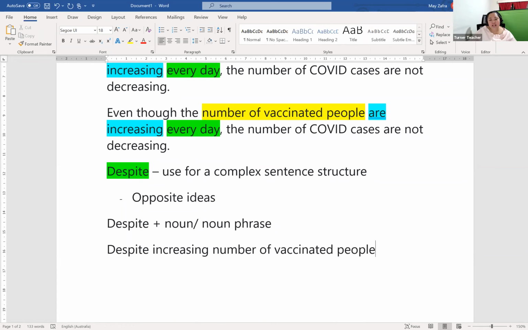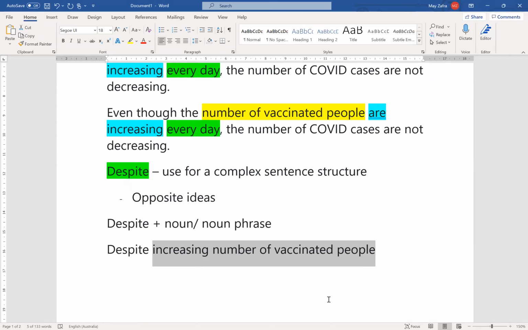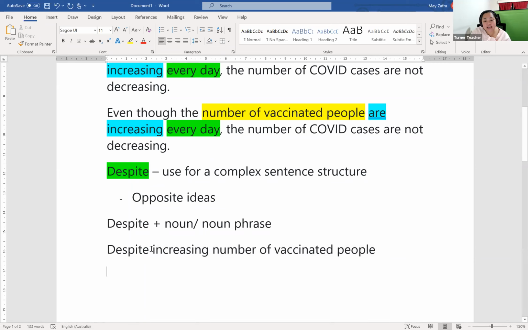Okay. So what is the difference between the increasing here and the increasing here? Can anybody tell me? Noun phrase. Yes. So this one is a noun phrase because the increasing here is a gerund.